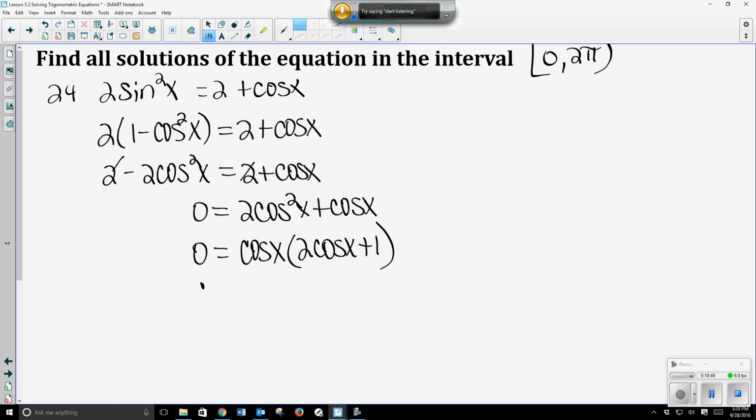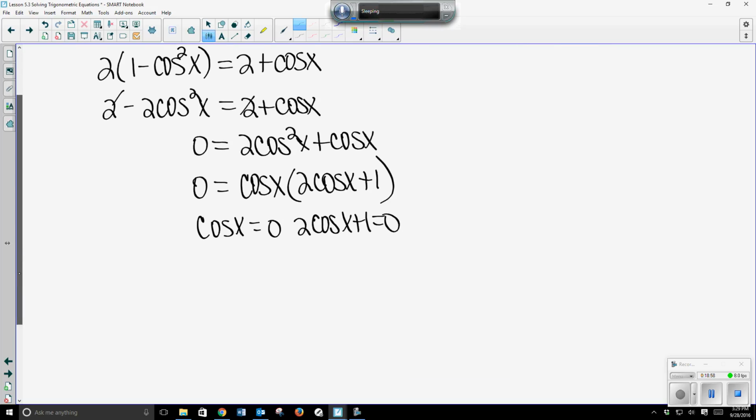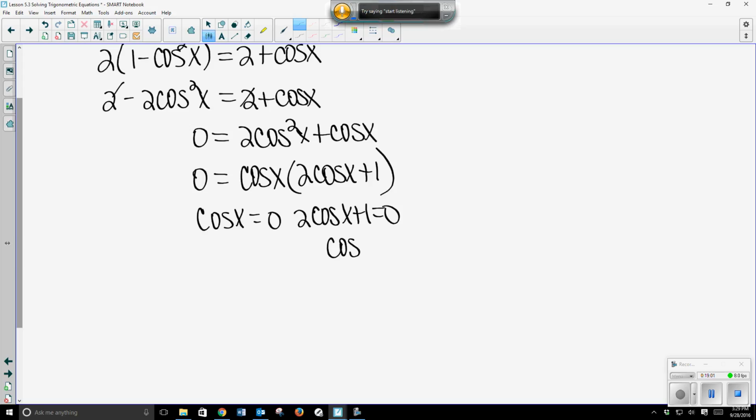Set each factor equal to 0. Cosine of x equals 0. 2 cosine x plus 1 equals 0. Cosine of x equals negative 1/2.